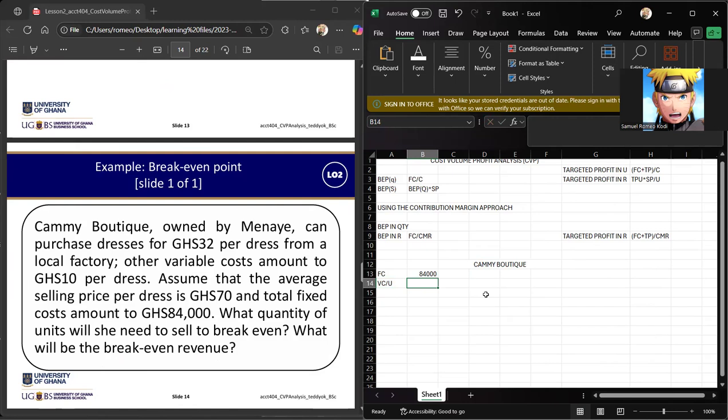So variable cost per unit was 32 cedis. An additional variable cost was added per unit, which they say is 10 cedis per dress. So that one is also 10. Then look for our selling price per unit, and that one is 70.